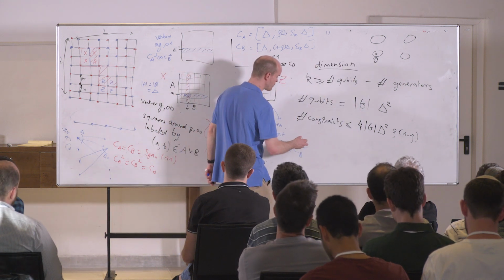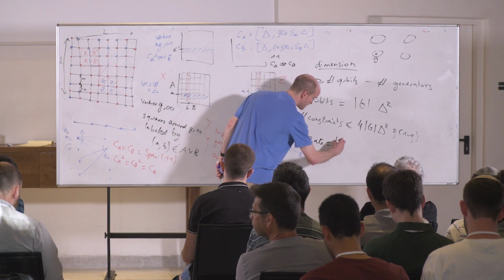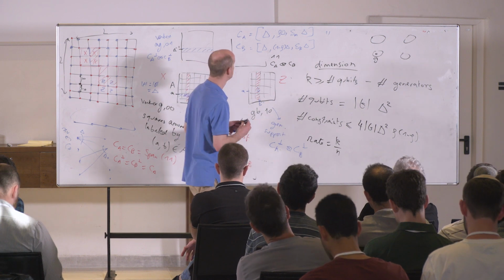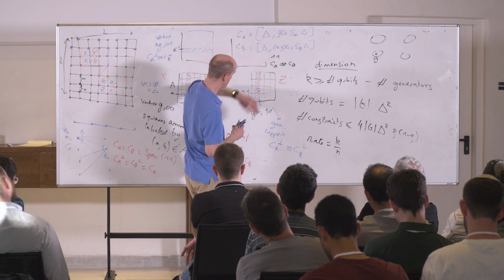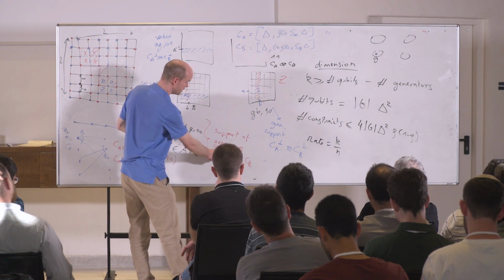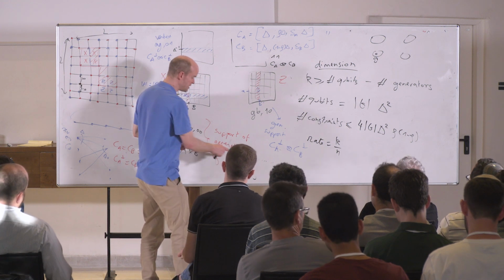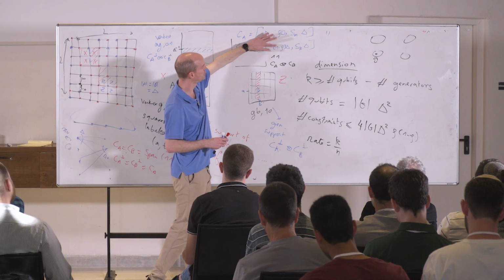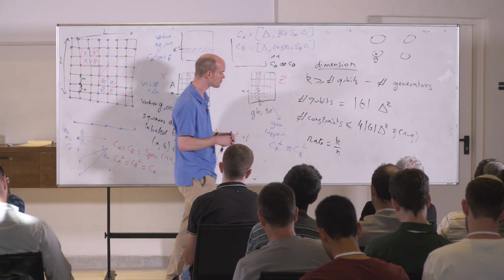Okay, so the rate of the code, which is K over N, the number of logical qubits. Why 1 minus 4? Why not just delta squared? Because the generators just correspond to code words of CA times CB. So this is not the whole space. I just need to count the dimension of this.